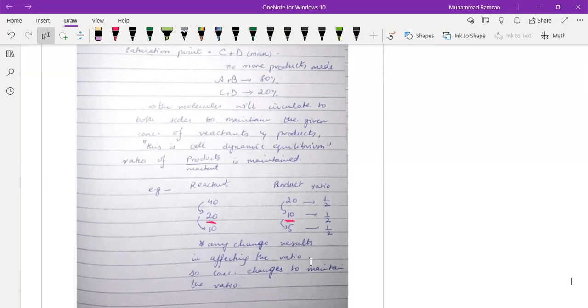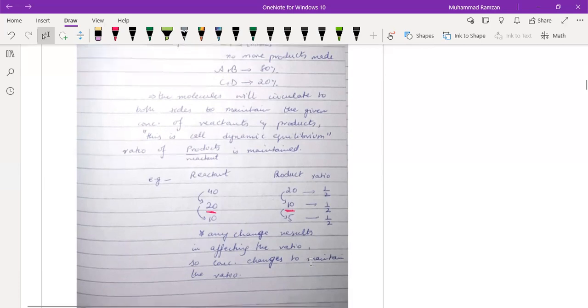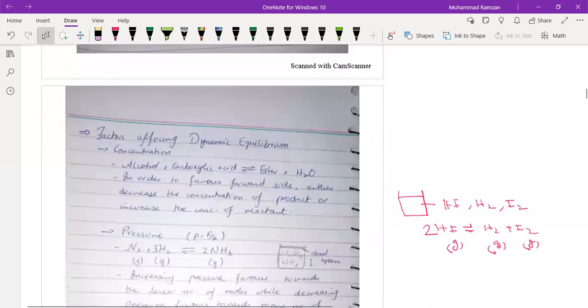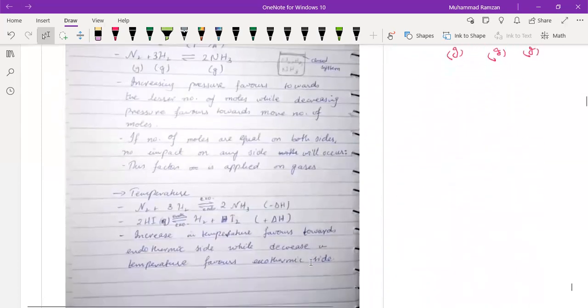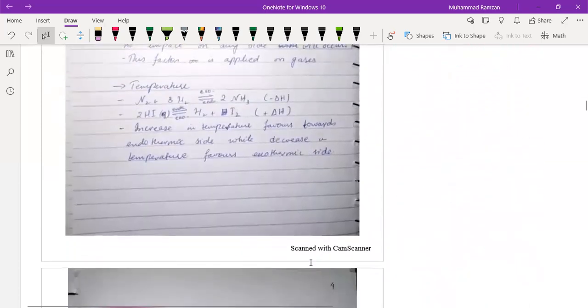Kc or Kp is affected only by a change in temperature. That's the only factor. It's not affected by concentration or pressure.